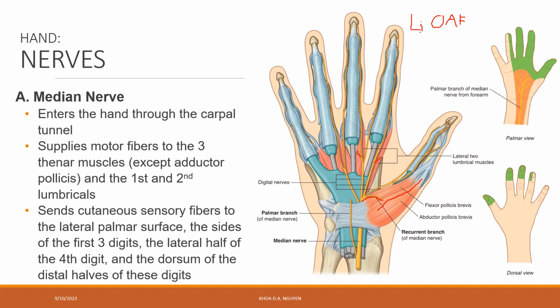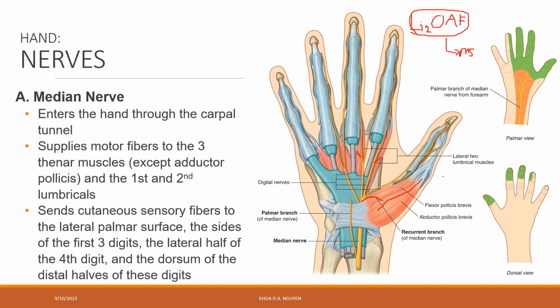So L1, 2, OAF, or a loaf of bread. That is what the median nerve is going to innervate when it comes to muscles: the first and second lumbricals, and the opponens, the abductor, and the flexor pollicis.